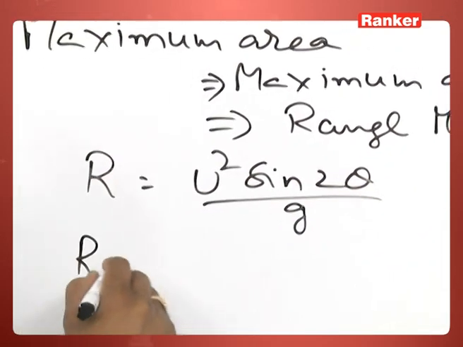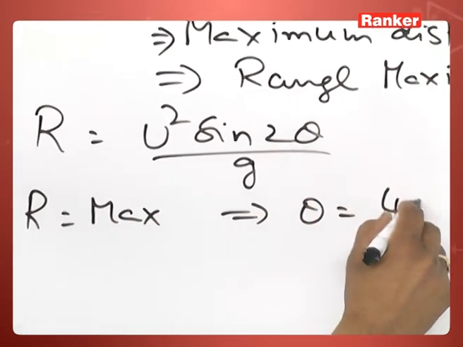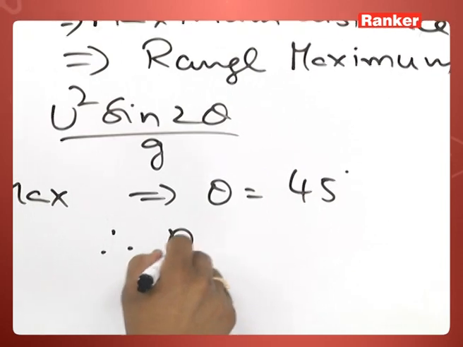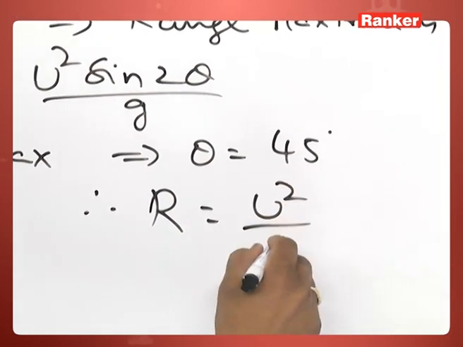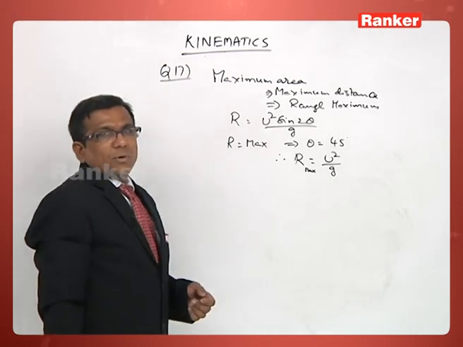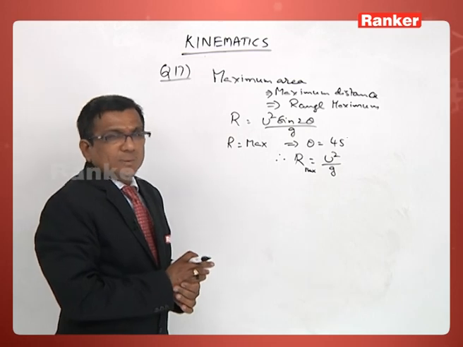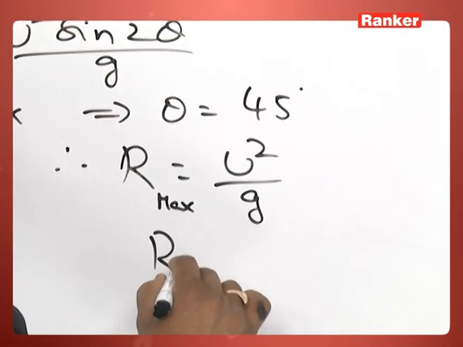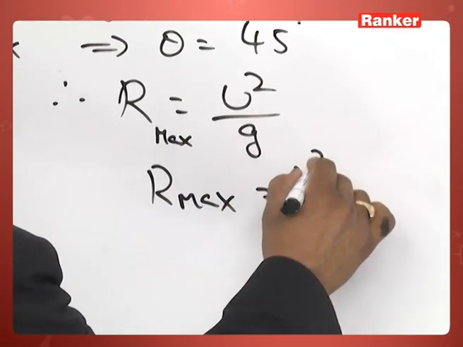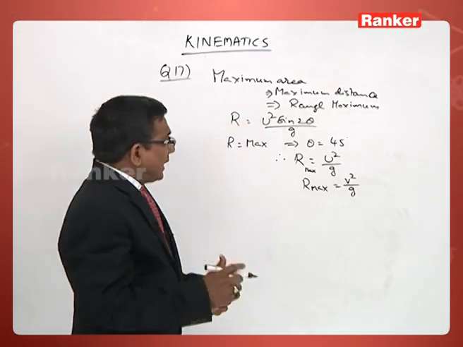If I want R is equal to maximum, that implies you know theta is equal to 45 degrees. Therefore, R will become u square by g. This is maximum range. R maximum will be what? u square by g. And here the bullets are fired with a speed v. So, R maximum will be v square by g. But you want to calculate the maximum area.